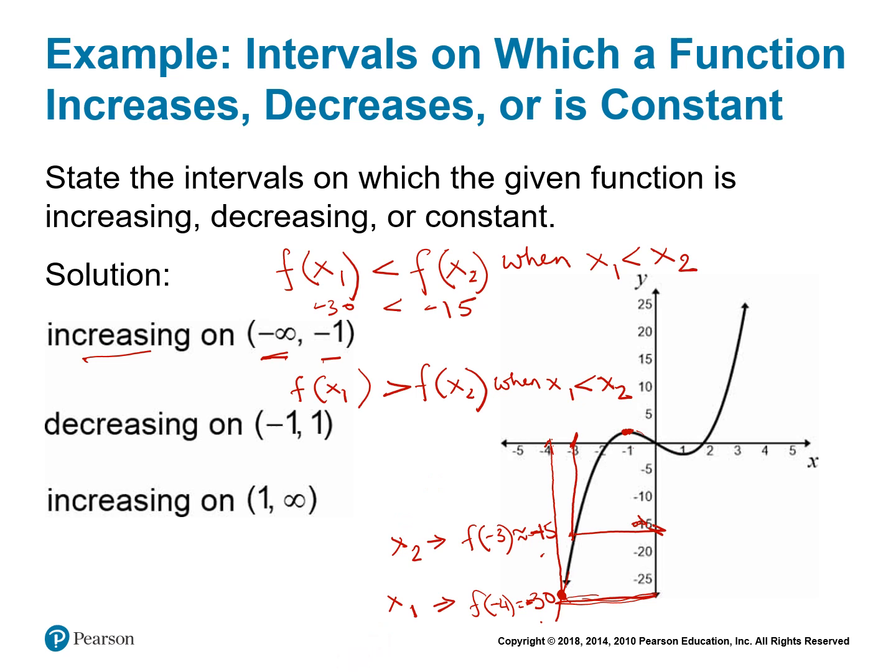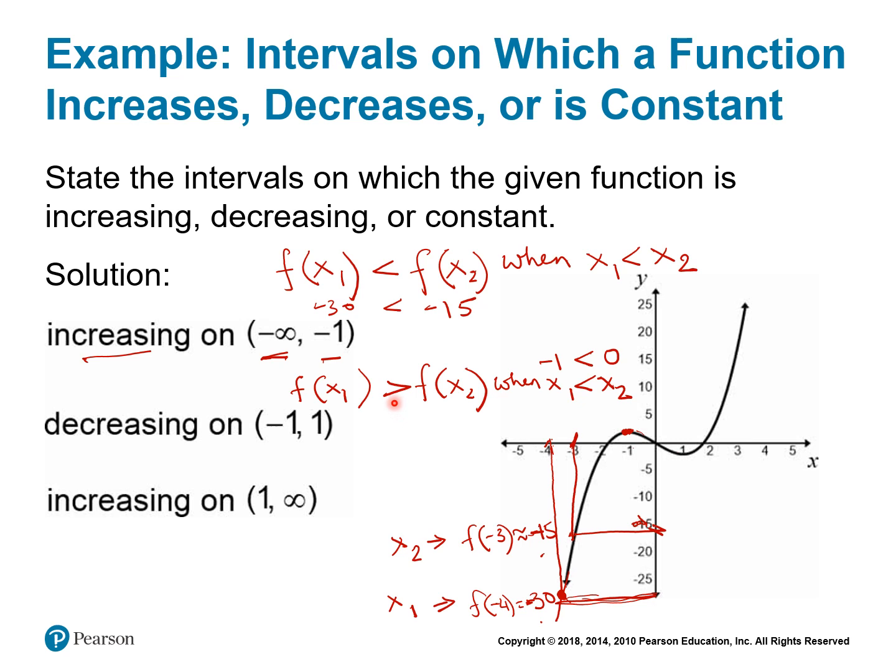So let's look at it this way. Let's say x sub 1 is negative 1 and x sub 2 is 0. Negative 1 is less than 0. So we have to look at the corresponding y values and see whether the y values are increasing.